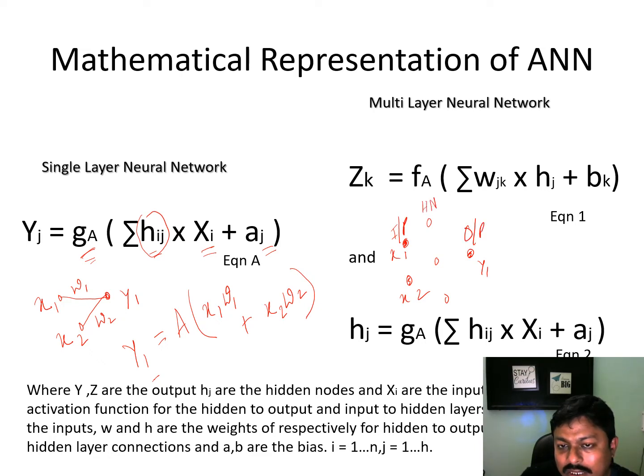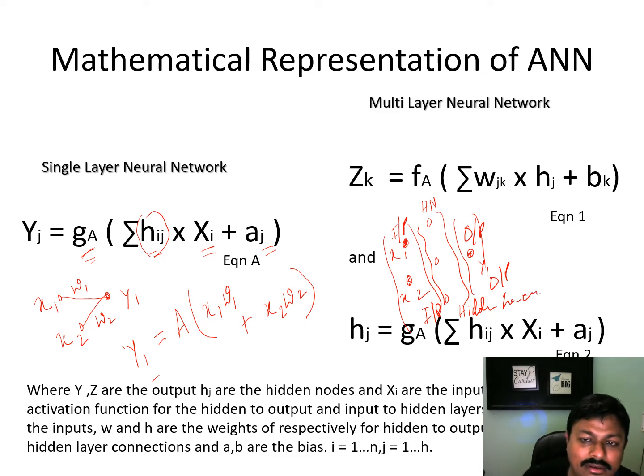And this is known as a layer, right? This is known as the input layer, this is known as the output layer, and this is known as the hidden layer.